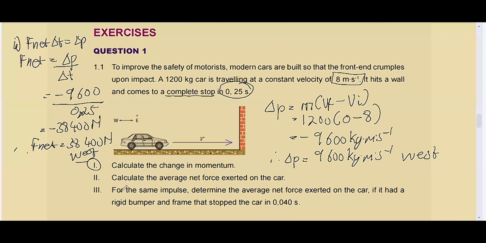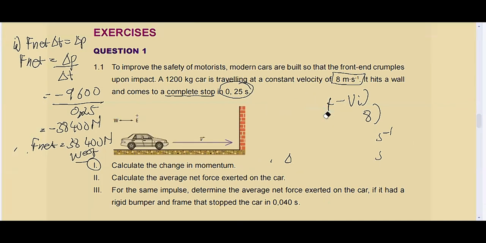Then number 3 says, for the same impulse, determine the average net force exerted on the car if it had a rigid bumper and frame that stopped the car in 0.040 seconds. All we need to do here is apply the very same formula that we applied for number 2, F net is equal to change in P over change in t.